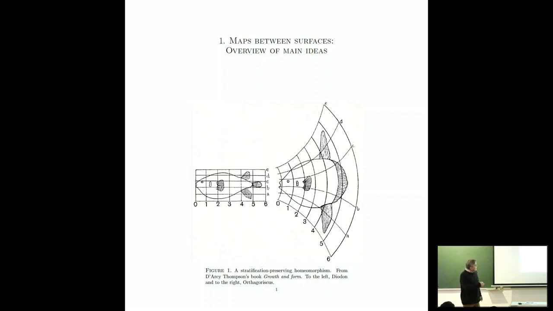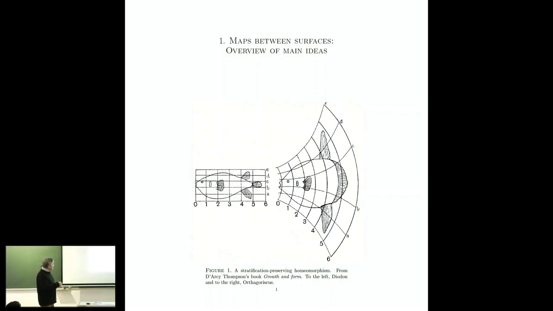So this is a map. This is supposed to suggest a map between this fish here and this fish here. The two fish are a priori very different, in fact.